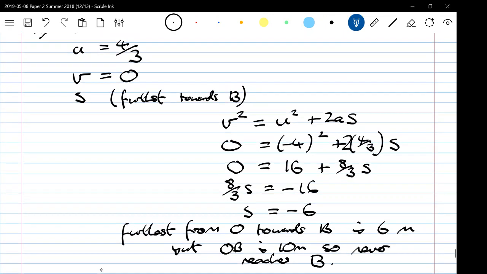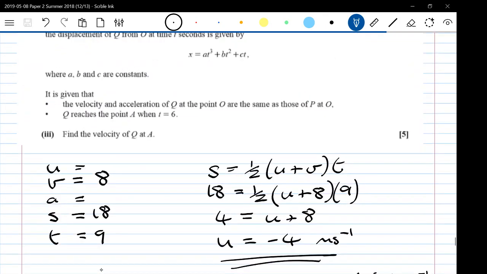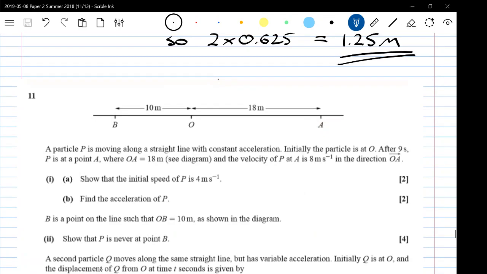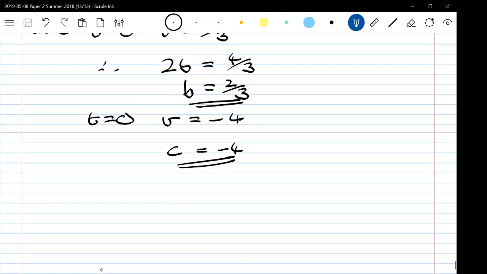What else have we got to work on then? We're also told that Q reaches the point A when t is 6. Now the point A is a displacement of 18. So when t equals 6, x equals 18.